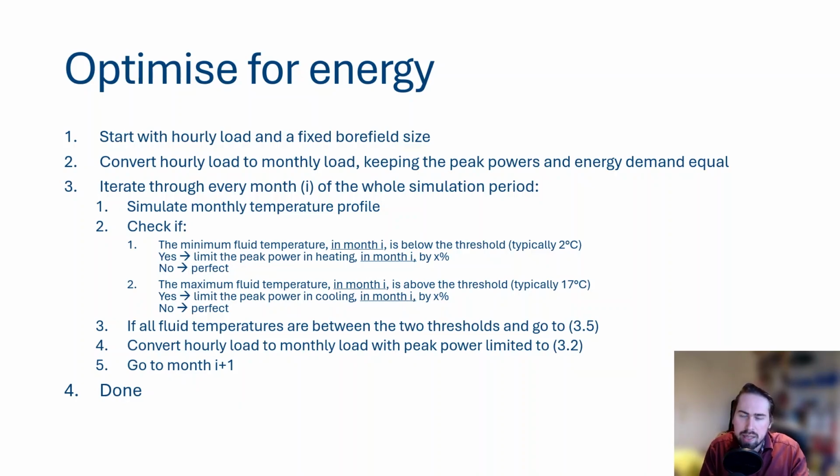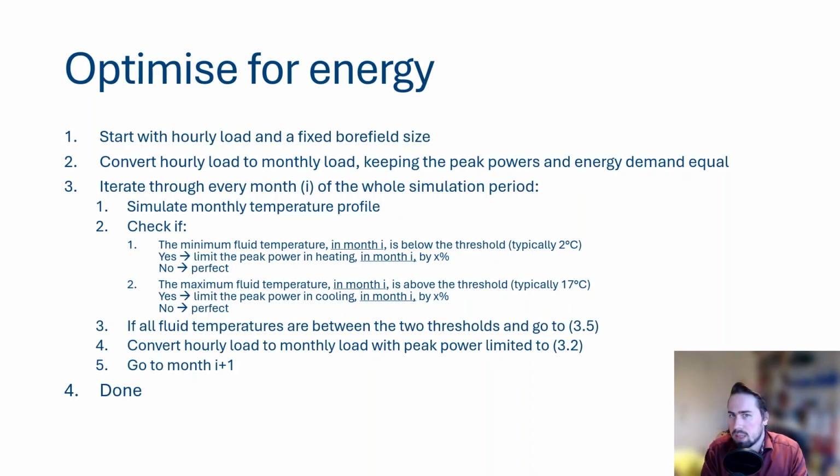And what we do for every month i is we calculate the monthly temperature profile. So we put our load onto the borefield, we calculate our temperature profile, and we run again the checks as before. So if we cross the minimum fluid temperature limit in month i, then we know that the peak power of heating in that month i should be decreased by X%.